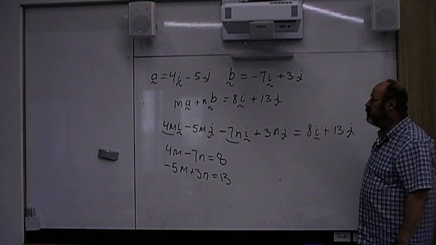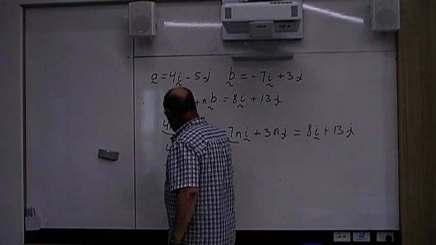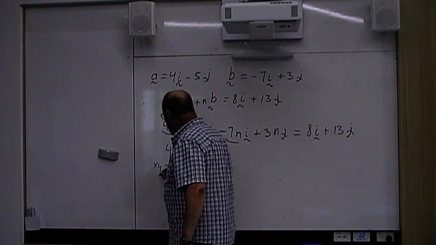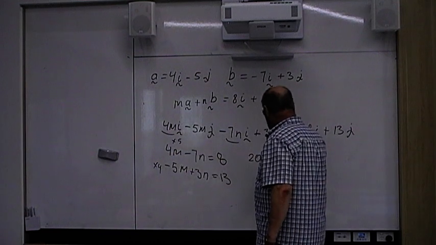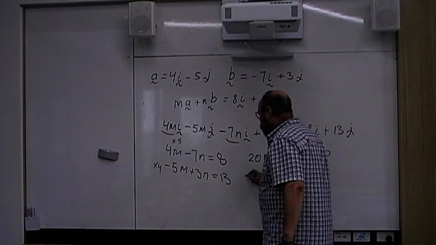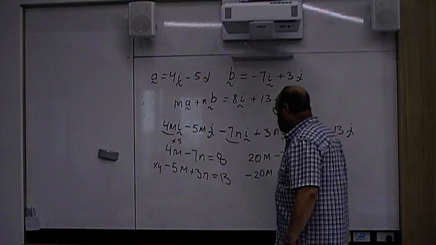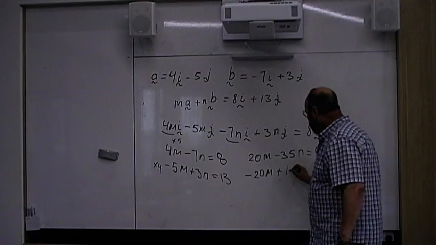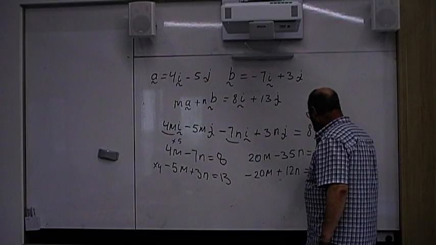I propose to multiply this equation by 5 and this by 4 to do elimination. We have 20m minus 35n equals 40, and minus 20m plus 12n equals 52.